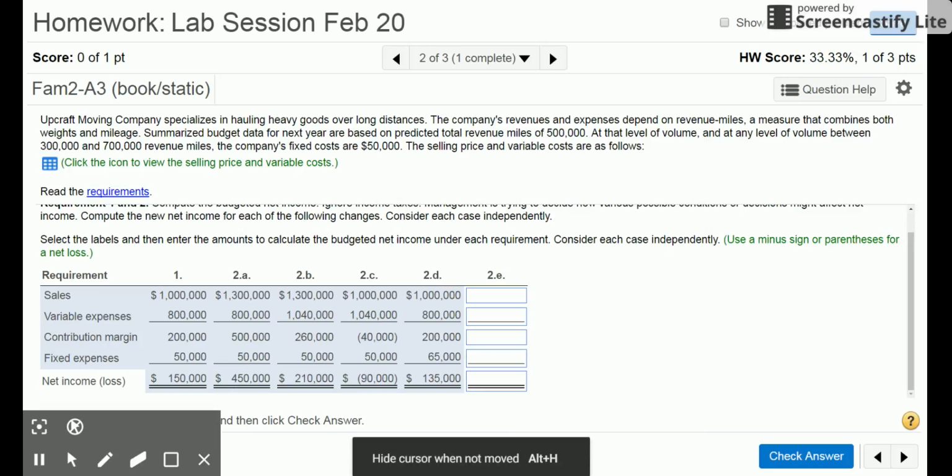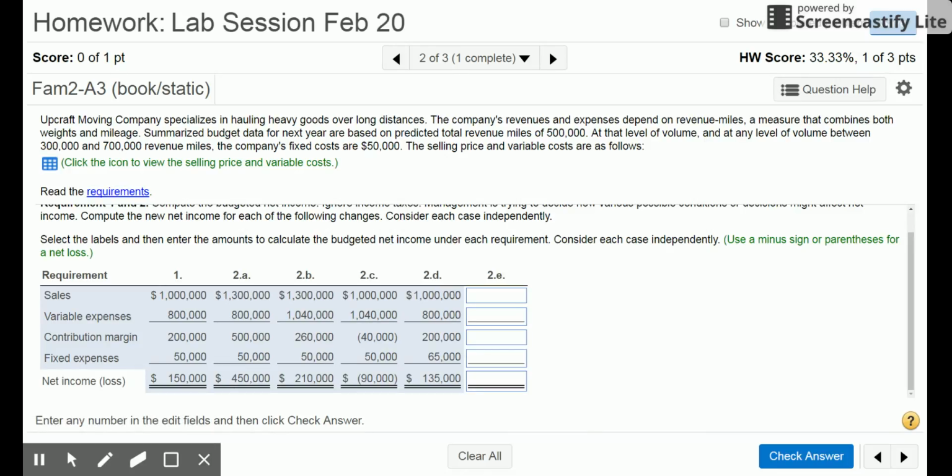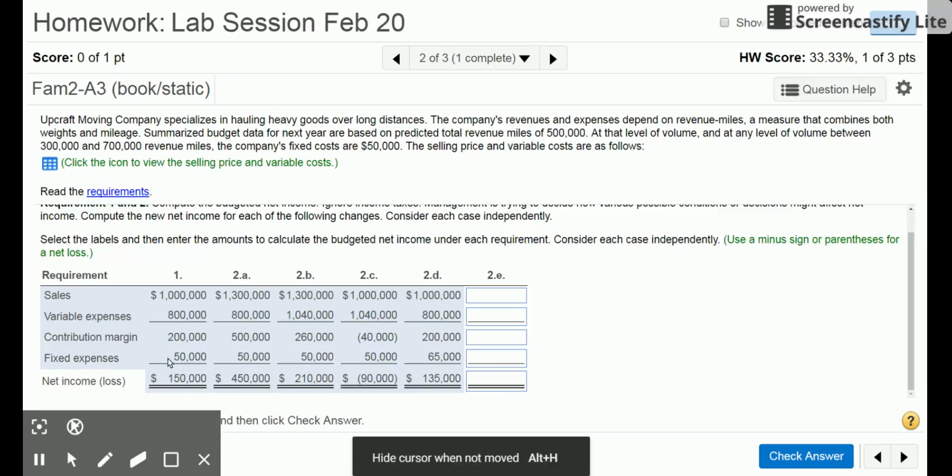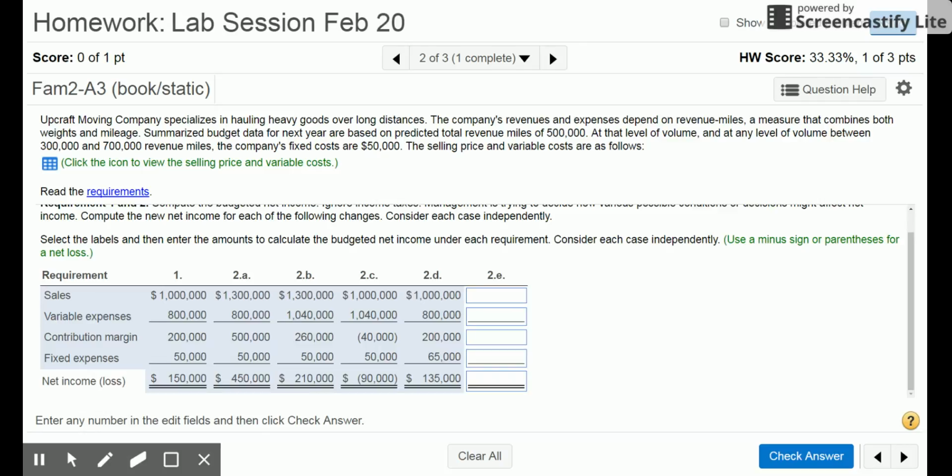So we have 500,000 revenue miles multiplied by 1.15. We will have 575,000 revenue miles this time. If you multiply that by $1.95, you will get $1,121,250. Our variable expenses will change because our revenue miles change.